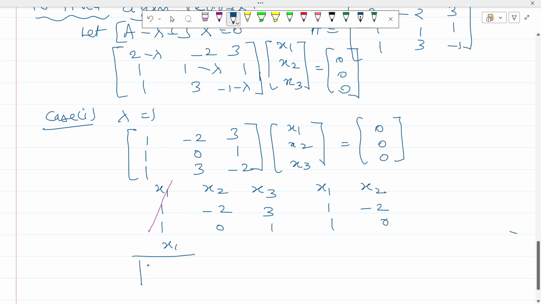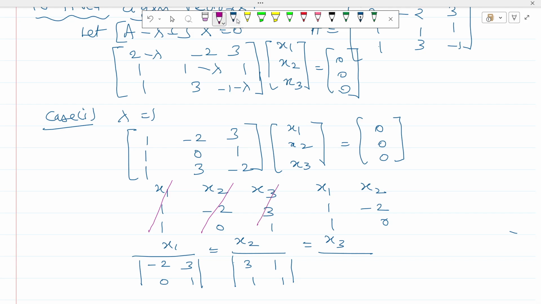That means minus 2, 3, 0, 1 for x1. Here also you can leave the respective column; the determinant of the next two is 3, 1, 1, 1 for x2. For x3 you leave the respective column, then 1, minus 2, 1, 0.